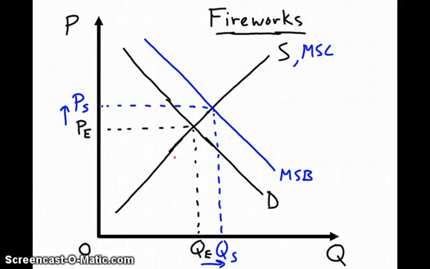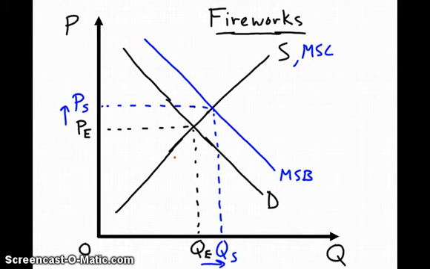And then in the second part of C, in this case, if the government bans fireworks, will the deadweight loss increase, decrease, or remain unchanged?